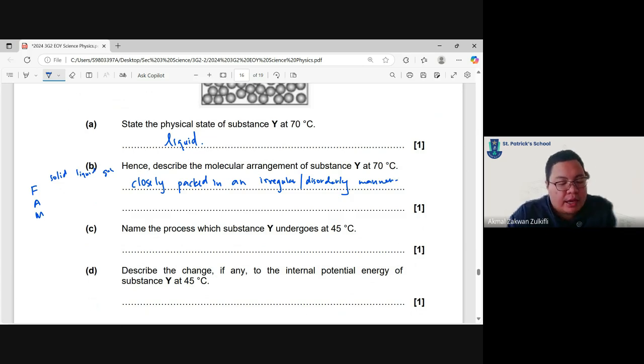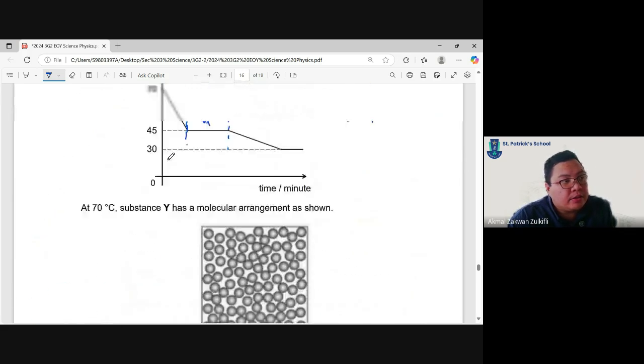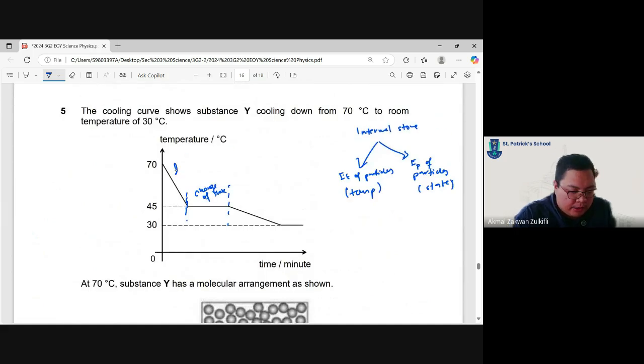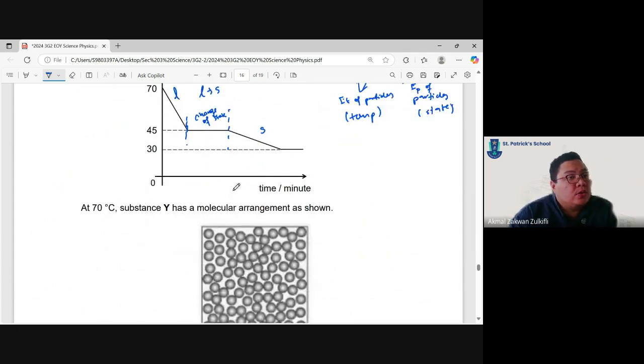Name the process. At 70 degrees it is liquid, and this one cannot be gas, it has to be solid. So this is liquid to solid. The process is called solidification.